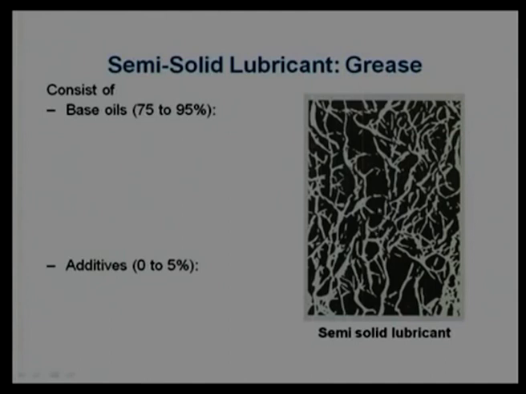I can assume there are a number of wooden pieces. These are actually fibers. They make a structure in such a manner that liquid cannot escape easily. So, this structure needs to be filled with the lubricants.